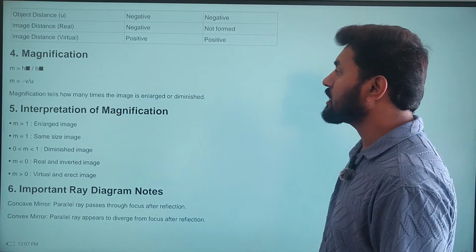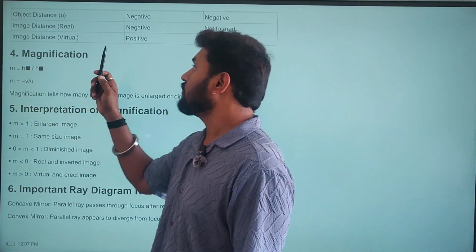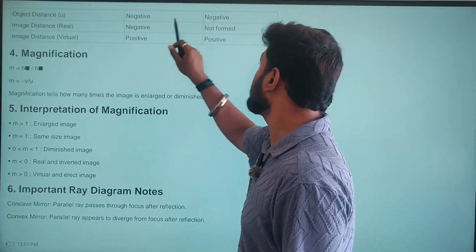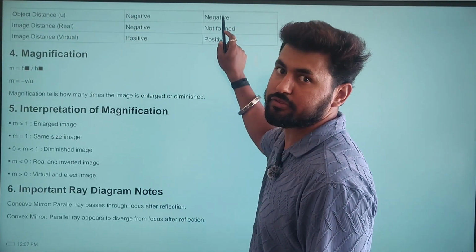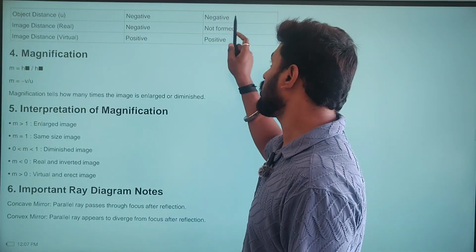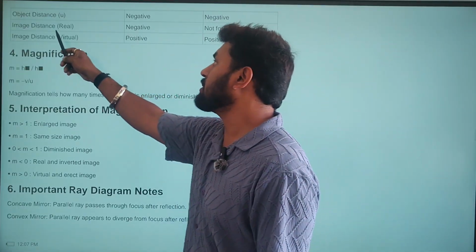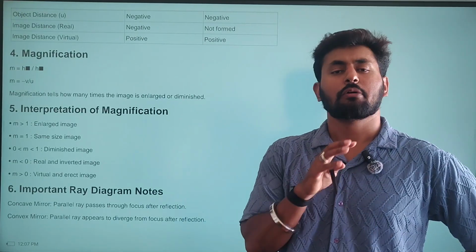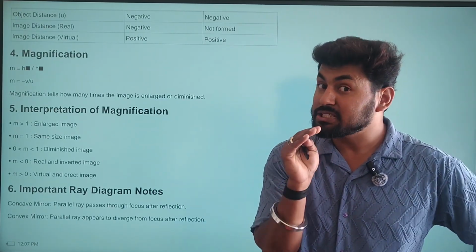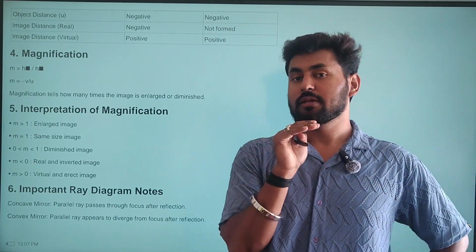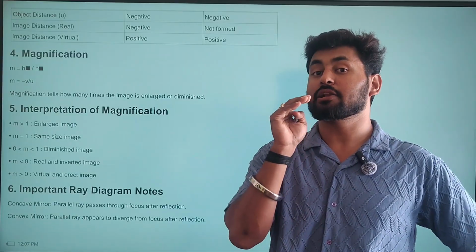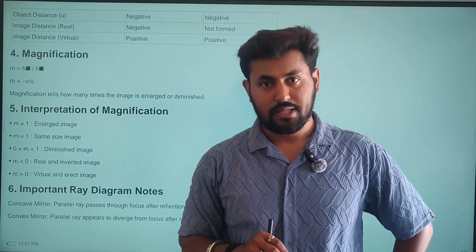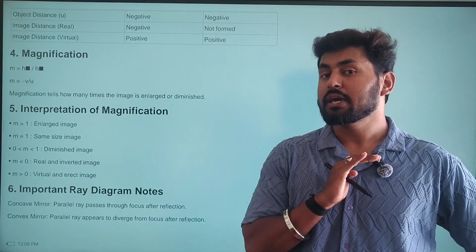Now, the next thing that we have over here, the object distance is negative. And over here this is also negative. For concave and convex both it is negative. Image distance. Now you should know that the catch point over here is whenever image formation is real and inverted, its sign convention will always be negative.